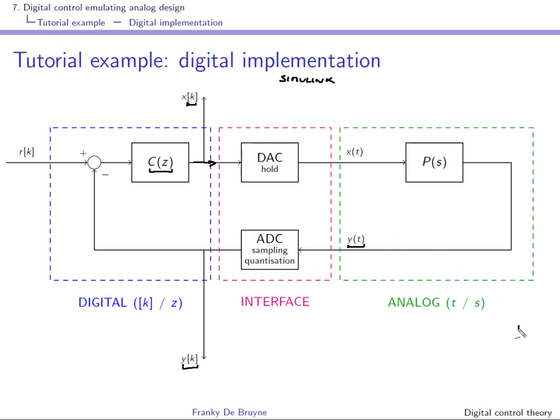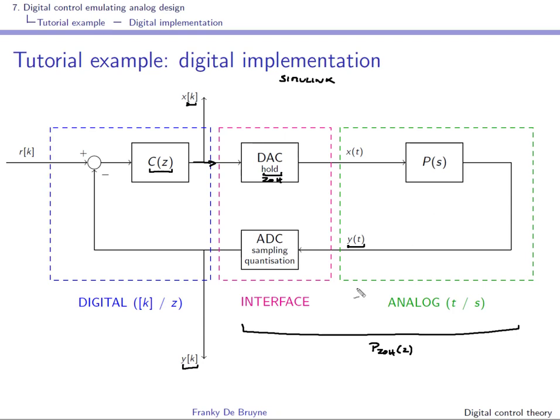So we'll have to rework this in order to obtain the zero order hold equivalent description of the process. It will take into account the hold mechanism, which is a zero order hold in our case.